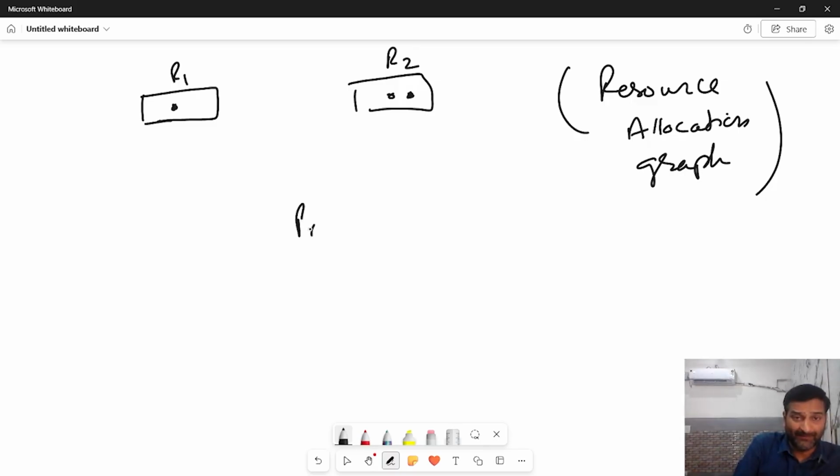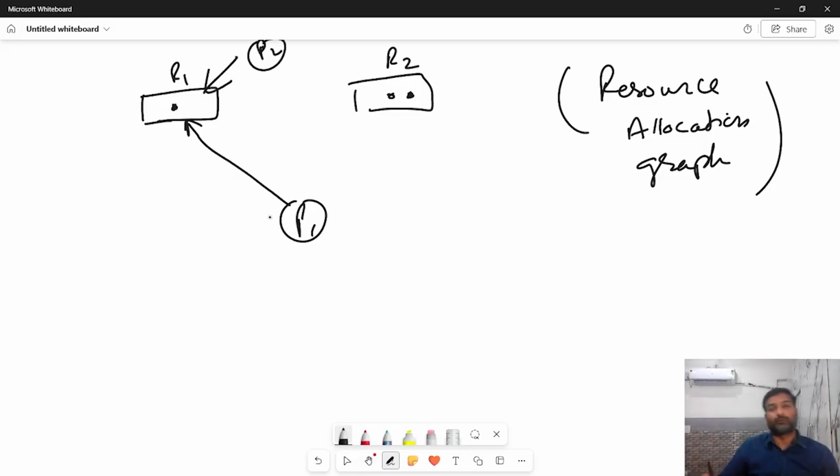Suppose P1 is demanding resource R1. Mutual exclusion says that if it is a single instance, you can provide it to any one of the processes. Suppose at the same time P2 is also demanding it.